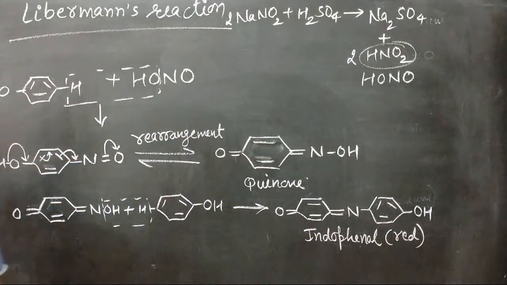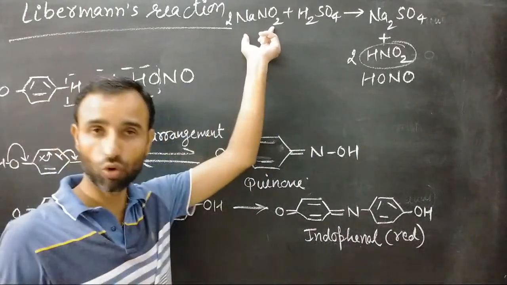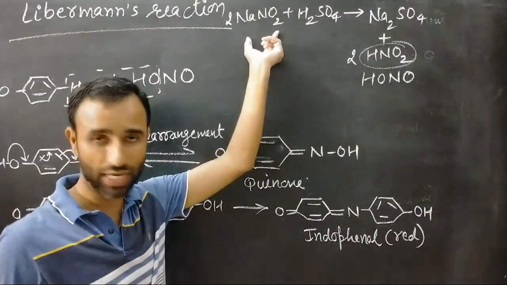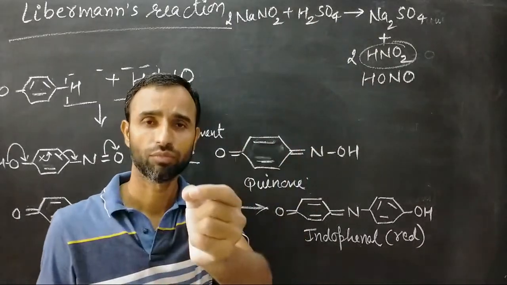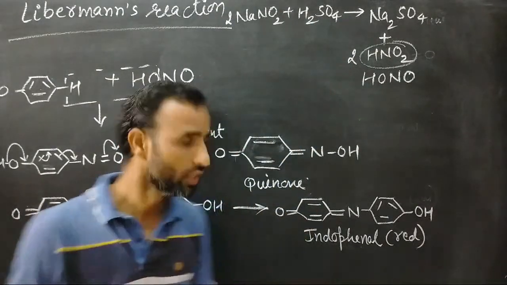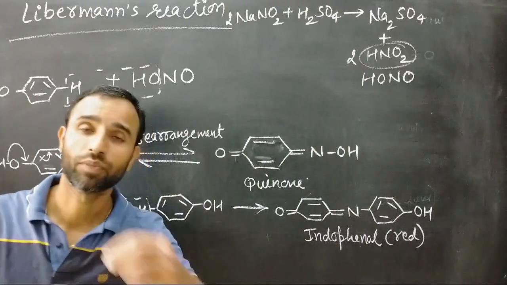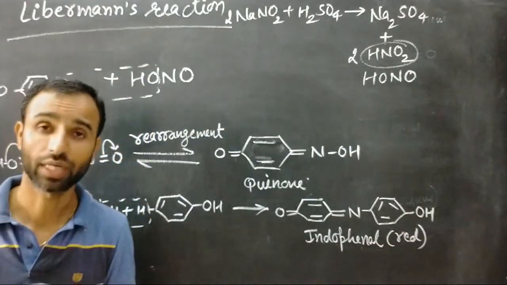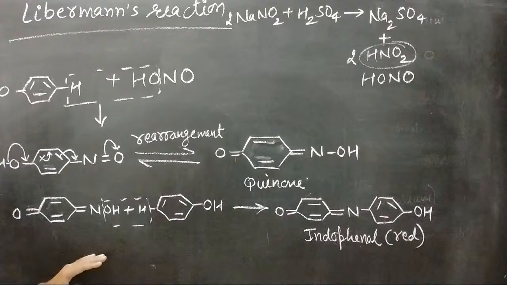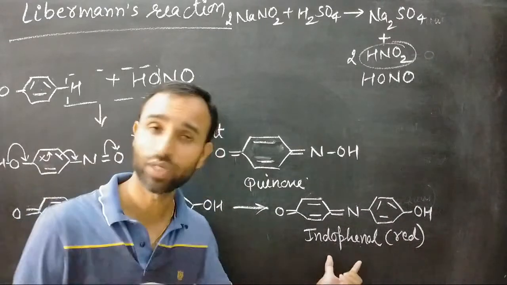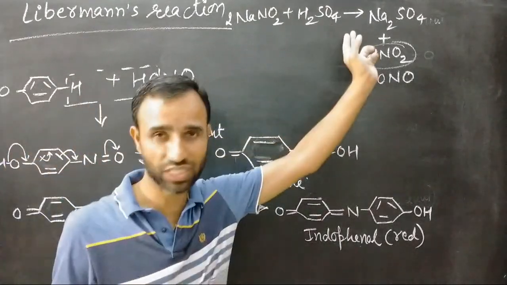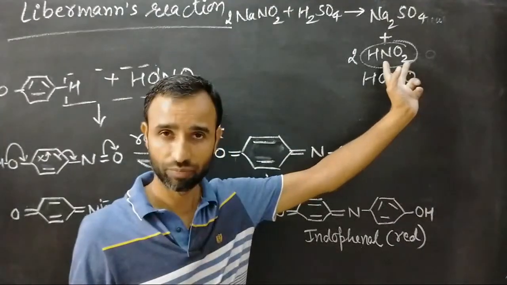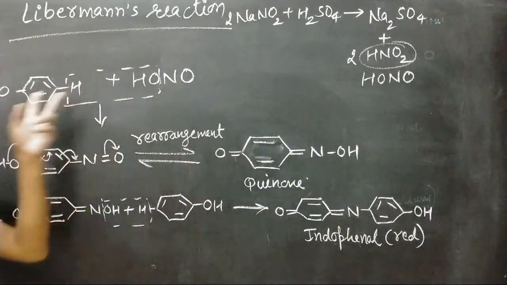Means when phenol reacts with sodium nitrite in the presence of a few drops of H2SO4, then it turns red. This is the mechanism behind it. Why does it turn red? Because of the formation of indophenol. First, sodium nitrite reacts with sulfuric acid to give nitrous acid. This nitrous acid will react with phenol.